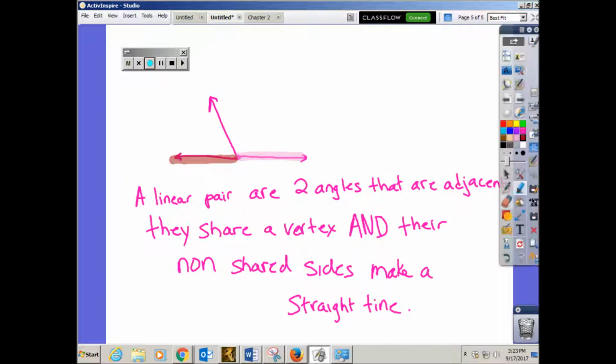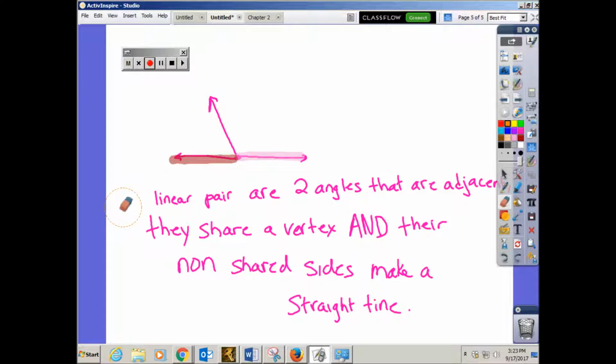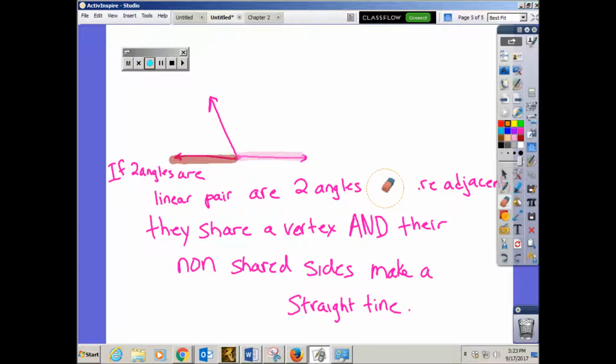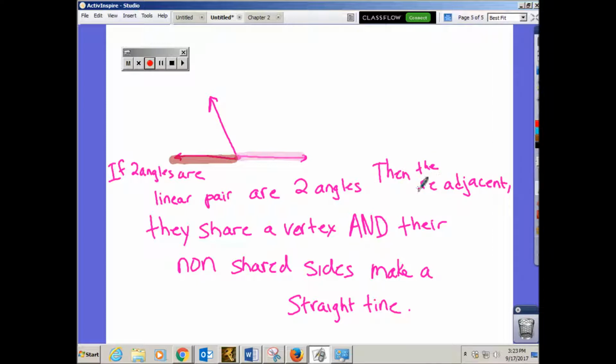Now, a good definition could be written as a biconditional if I wrote: if two angles are a linear pair, then they are adjacent and share a vertex, and their non-shared sides form a straight line.